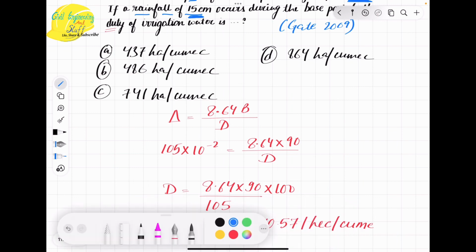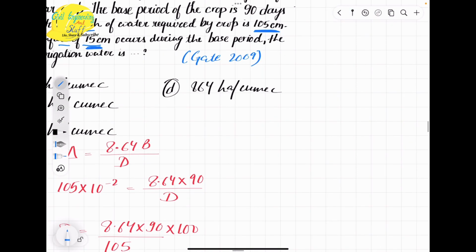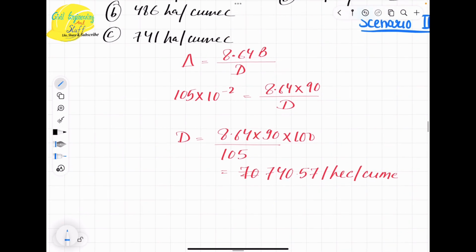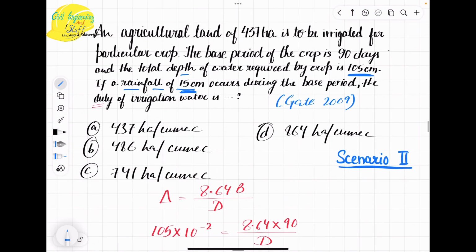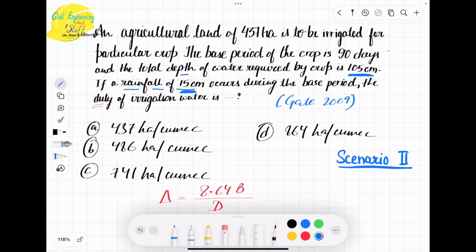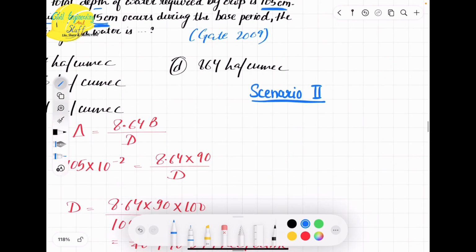Let us consider scenario number 2, in which we assume this rainfall of 15 centimeters to be effective rainfall.